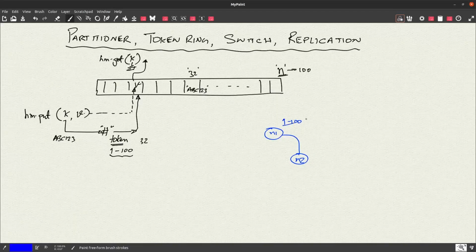So now the new token range becomes 1 through 50 and 51 through 100, which means all the data which N1 was holding between the token range 51 to 100 now has to move from N1 to N2. And that's what happens. I'm currently talking about replication factor equal to 1.